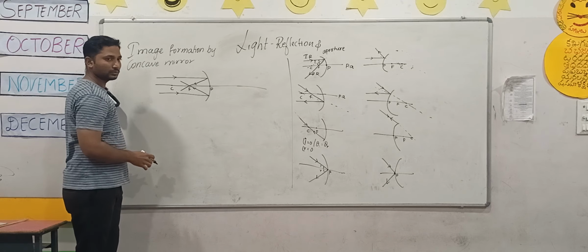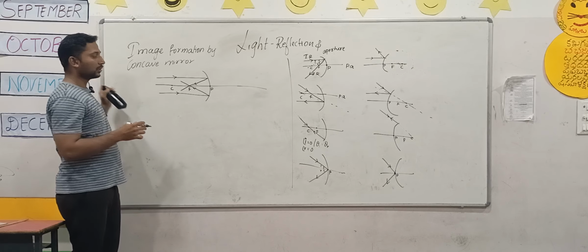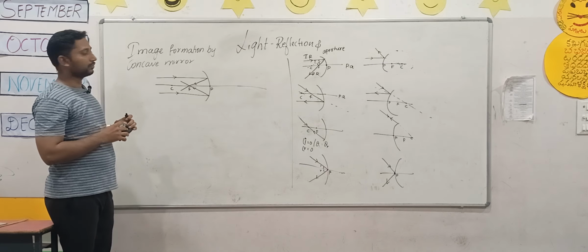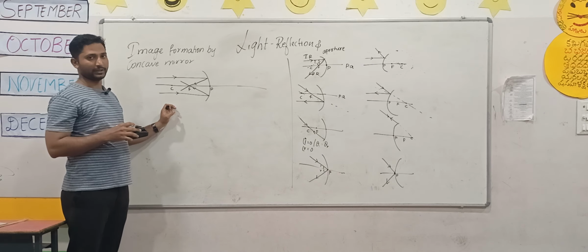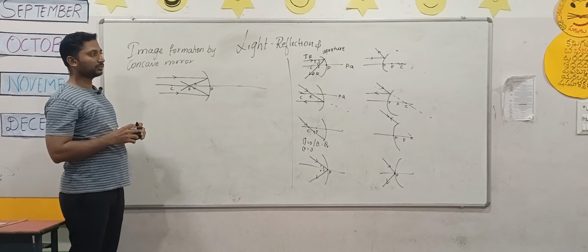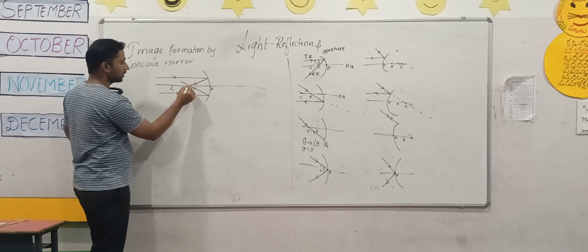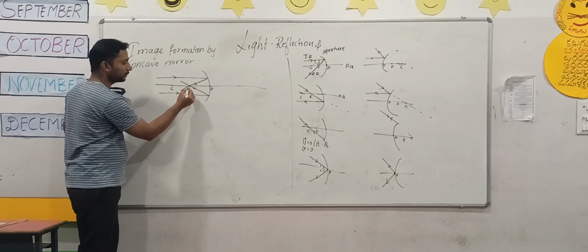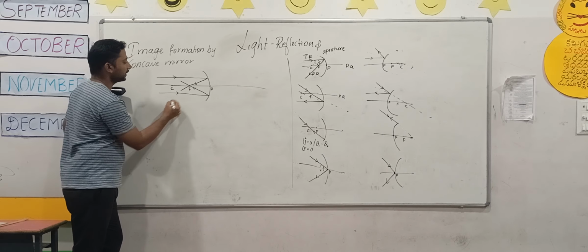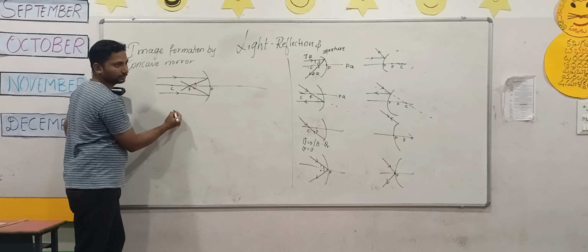Here I am taking two rays because to get any image we need at least two reflected rays. Where the reflected rays meet, there we will get the image. Here the reflected rays meet at point F, that's why we will get an image at this point.